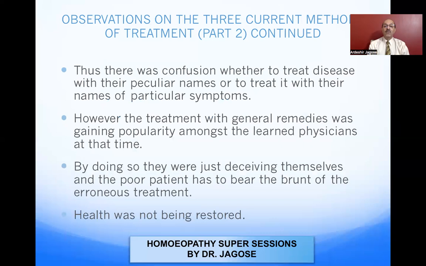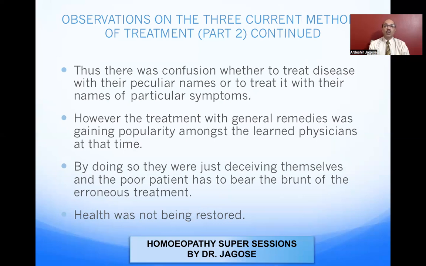Thus, there was confusion whether to treat disease with their peculiar name or to treat it with the name of a particular symptom. However, the treatment with general remedies was gaining popularity amongst the learned physicians at that time.